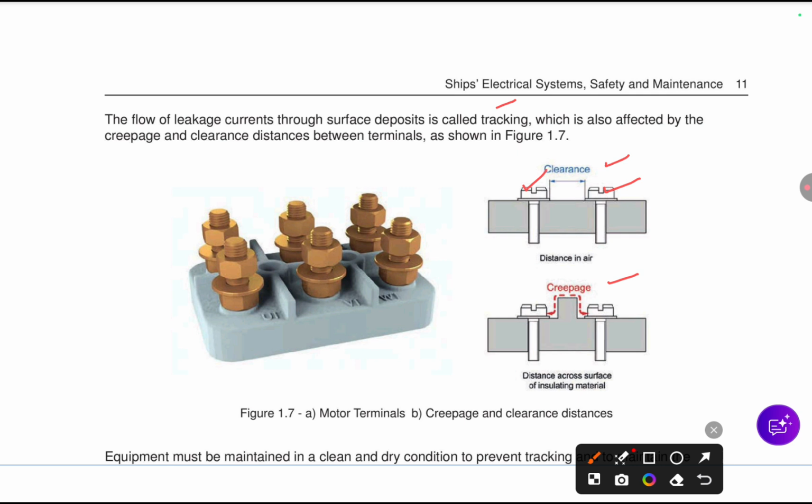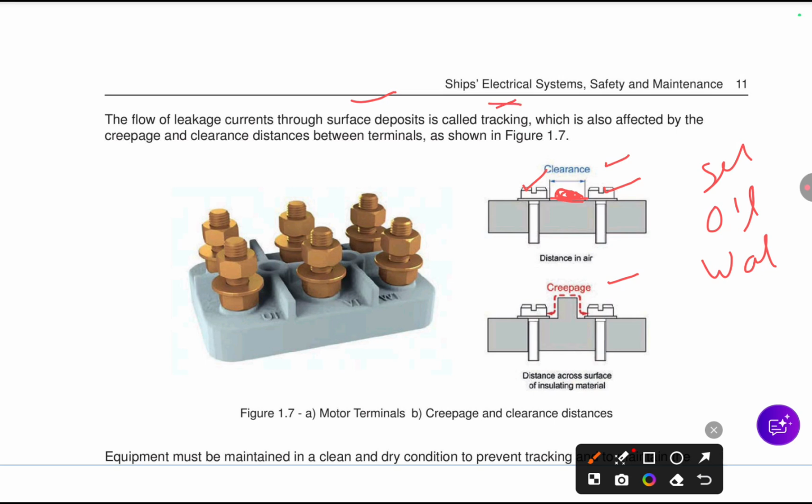If there is a flow of current through this surface because of a surface deposit, which may be salt, oil, water, or anything that affects the insulation through which the current passes, that is known as tracking.